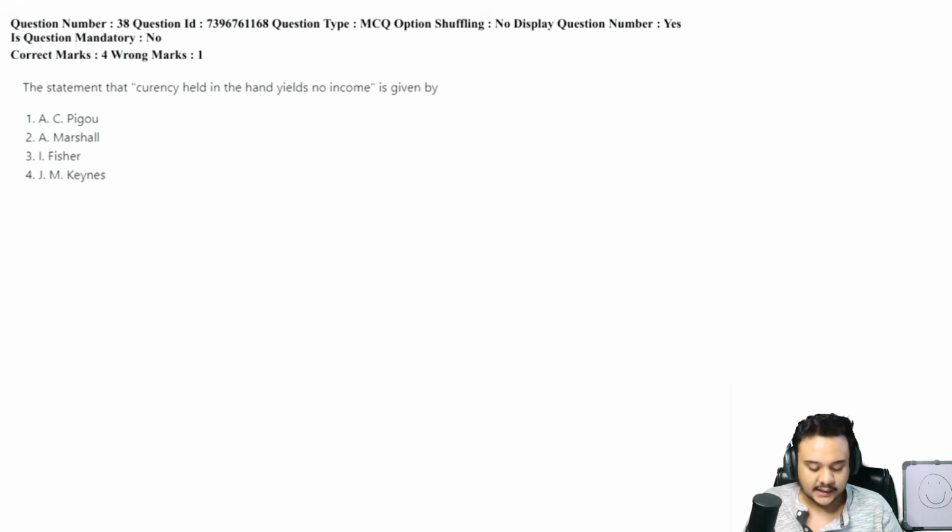Okay, so the next one says that the statement 'currency held in the hand yields no income' is given by, the answer here is AC Pigou. So the answer here can be confusing, but if you think logically and in chronological order, you know that Keynes built upon what the classicals had already said, right?